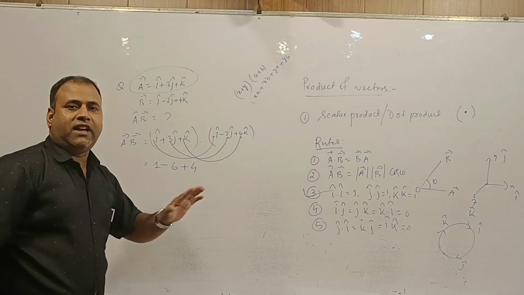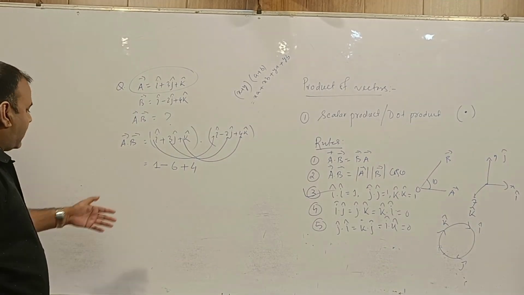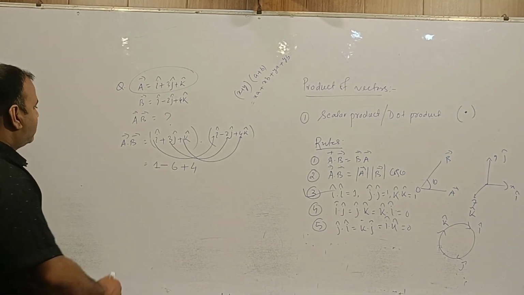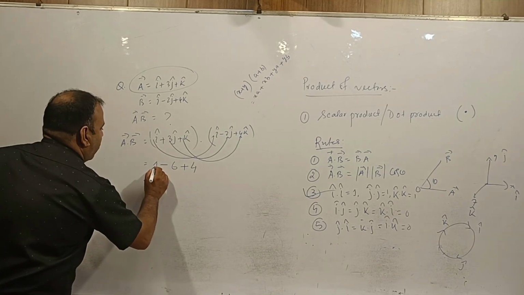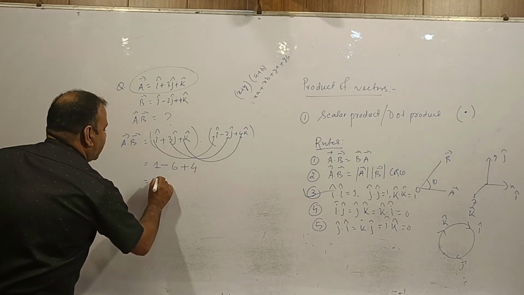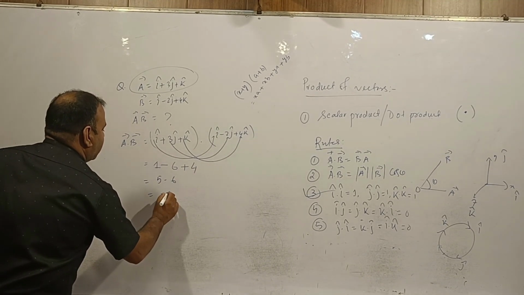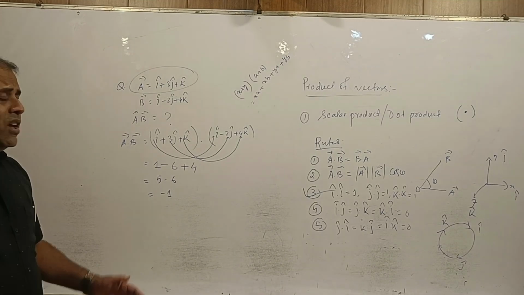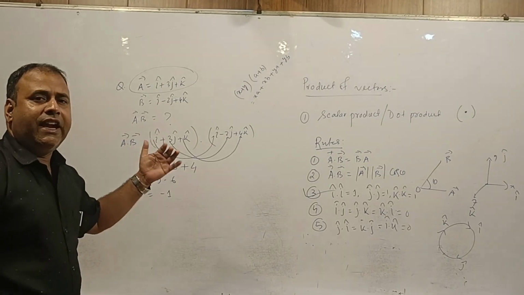That is why I have not written it. So directly you can do like this. In this case, 1 plus 4 is 5, minus 6, the result will be minus 1. So this is the value of A dot B.